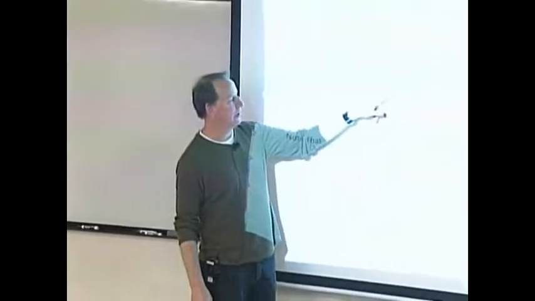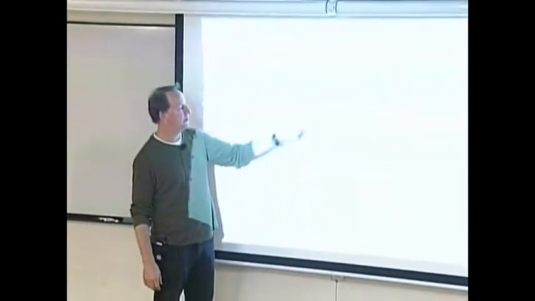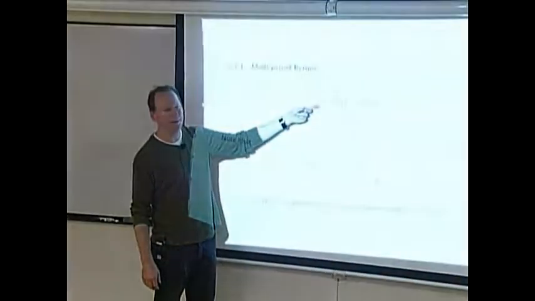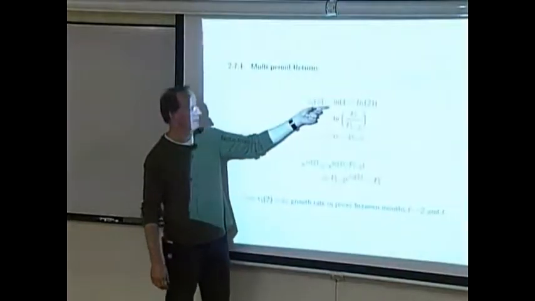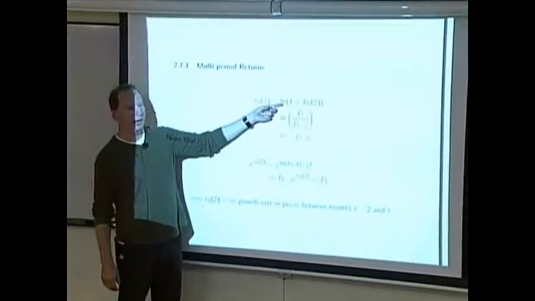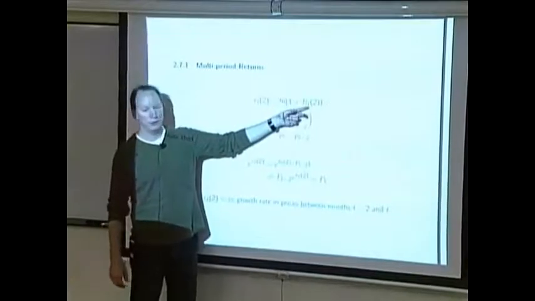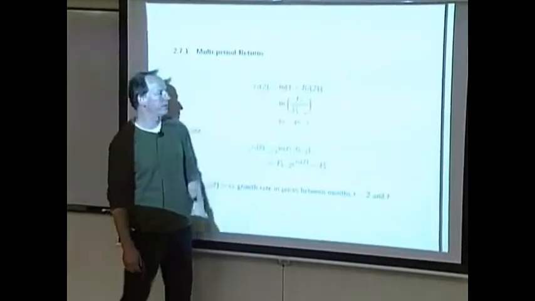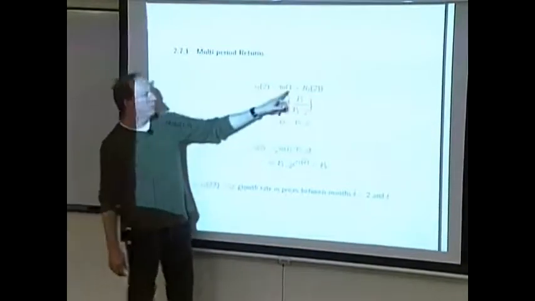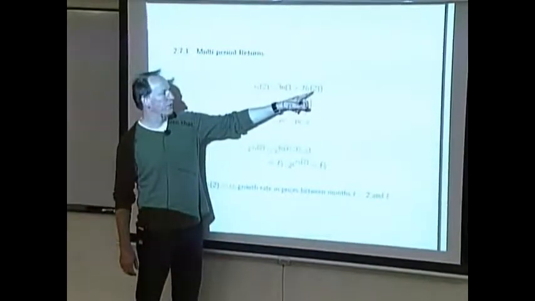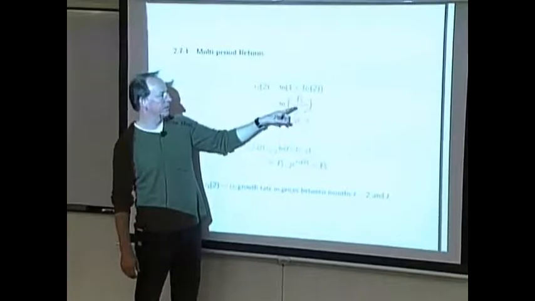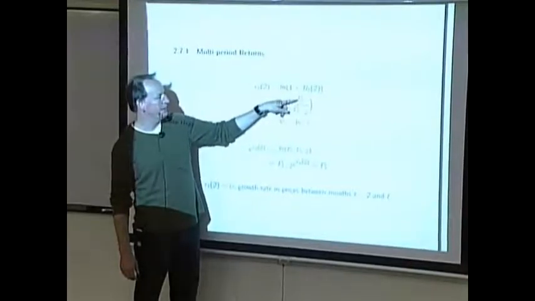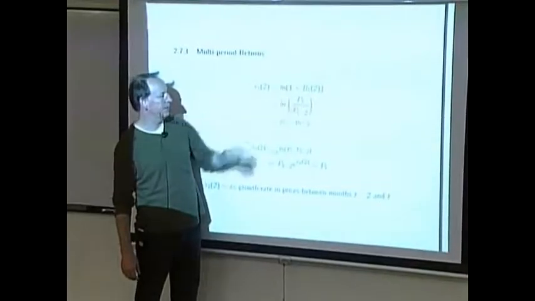Again, I use this notation, little r_t parentheses 2, so this is the 2-month continuously compounded return. It's, by definition, equal to the logarithm of 1 plus the 2-period simple rate of return. Now, 1 plus the 2-month rate of return is just the ratio of the price at time t divided by the price at time t minus 2.